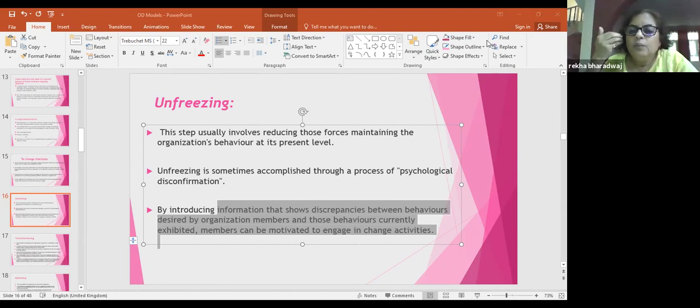But what happens is that the person does not get the chance to improve themselves and to change their behavior. So this data is mirrored back to them. And so this is the process of disconfirmation, that your behavior is not matching what you are saying, right?